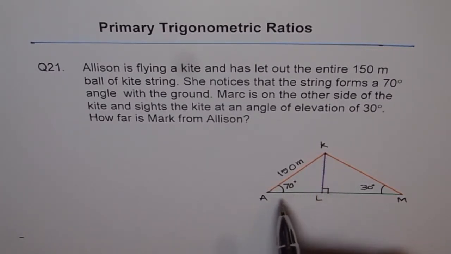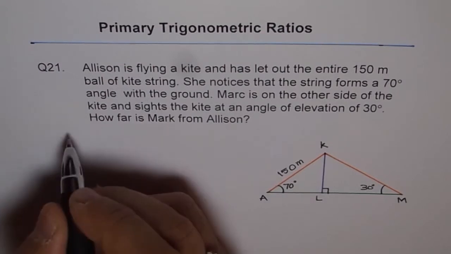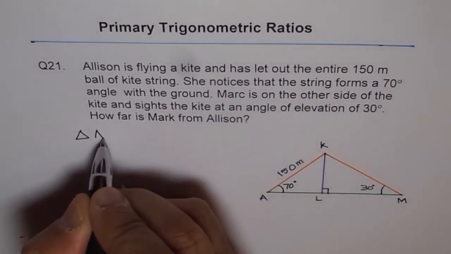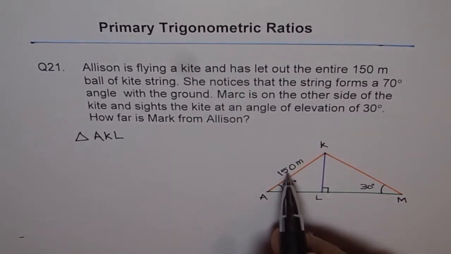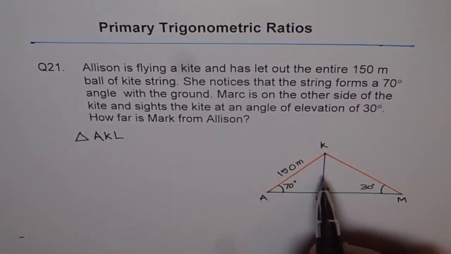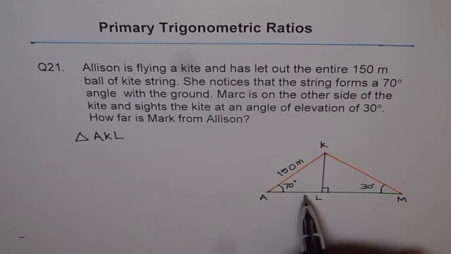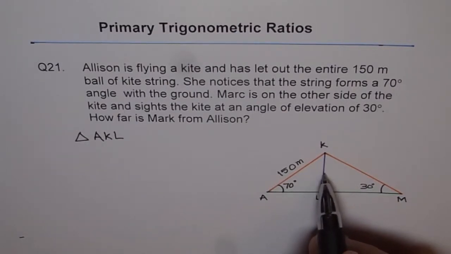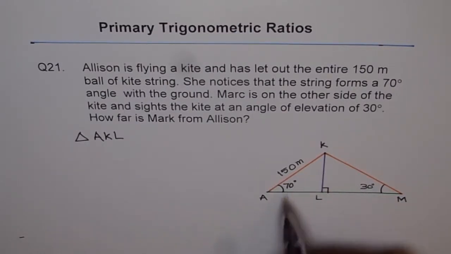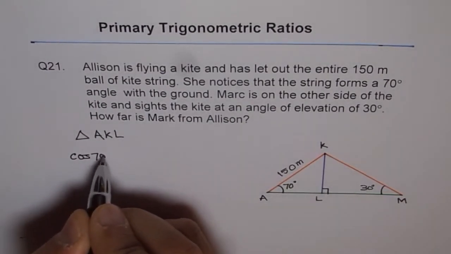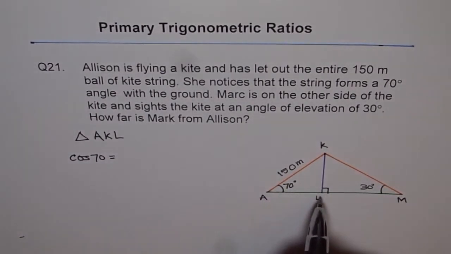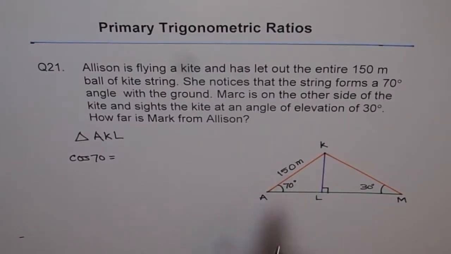First, let us consider the triangle AKL. So in the triangle AKL, 70 is given to us and hypotenuse is given to us. We can find opposite side and adjacent side, right? Using sine and cosine of 70 degrees. So cos of 70 degrees will give us AL, which is adjacent side, over hypotenuse.